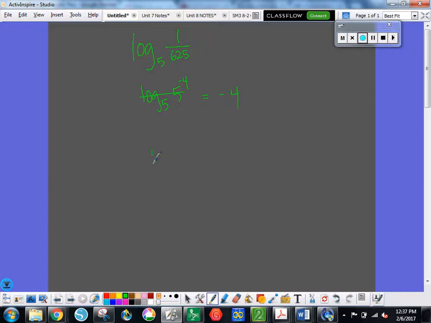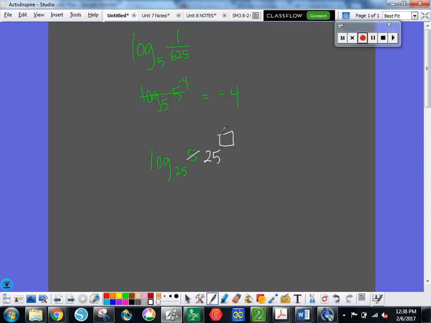What about this one? What would you have to raise the 25 to in order to get 5? So this is kind of backwards. So this has to be a 25 base.